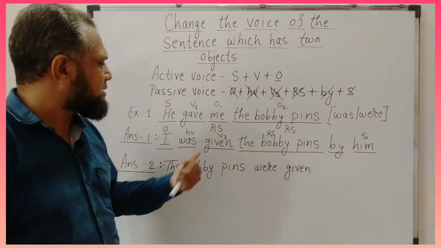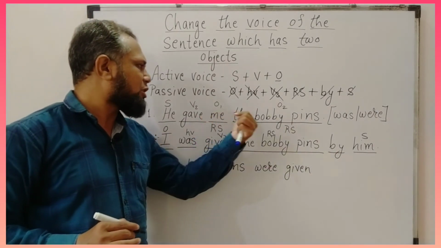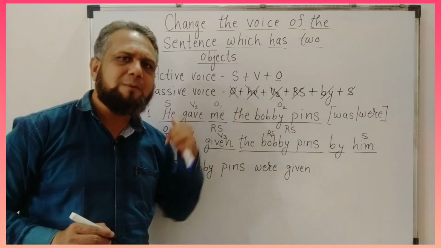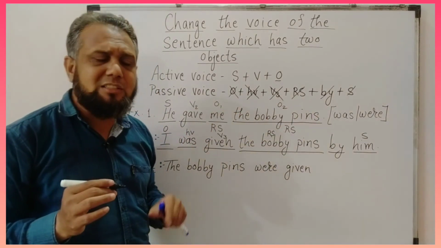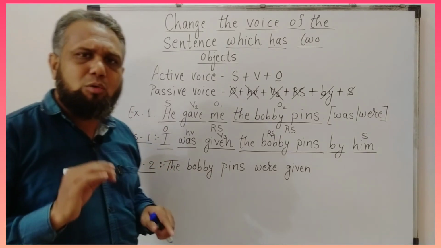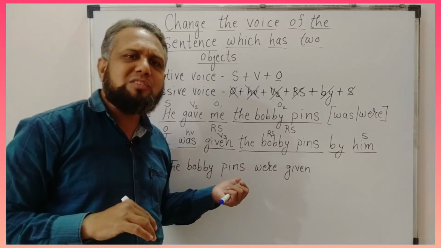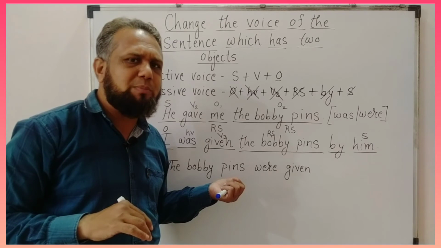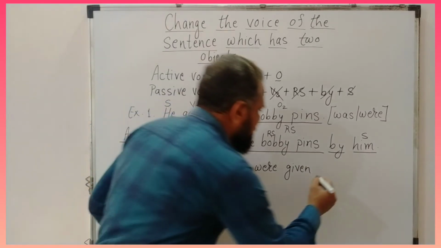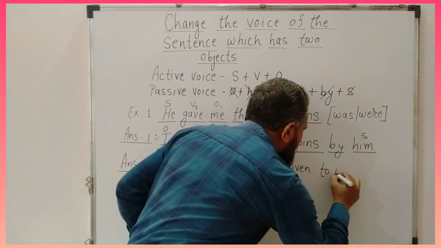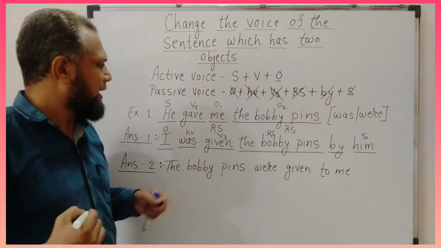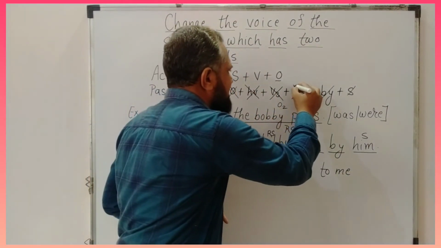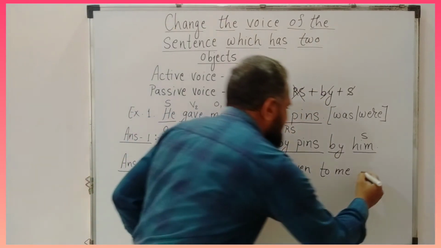So we have written the third form of verb also. Now the remaining sentence is me, because we have considered the bobby pins as our object, therefore me will be our remaining sentence. But if we write only me, then the construction of the sentence will not be proper, therefore we will use to me. Okay, so we have written this remaining sentence also.